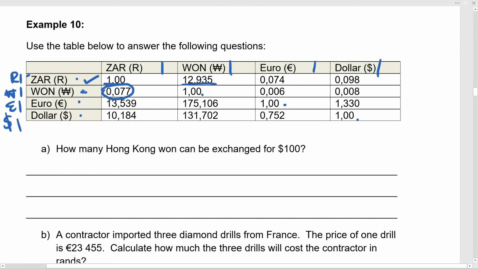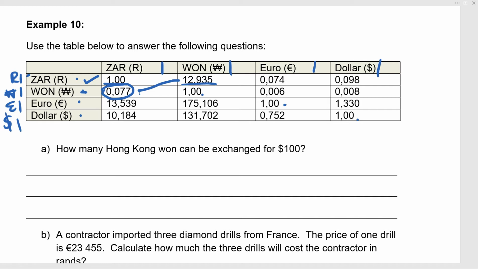For 1 won, I get 0.077 rand. And what you'll notice if you do this on the calculator is if you take 1 over this amount, you get that amount. And if you take 1 over the 12.935, you'll get roughly 0.077. It won't be exact every time with each table because of rounding off, but that's the principle, okay?